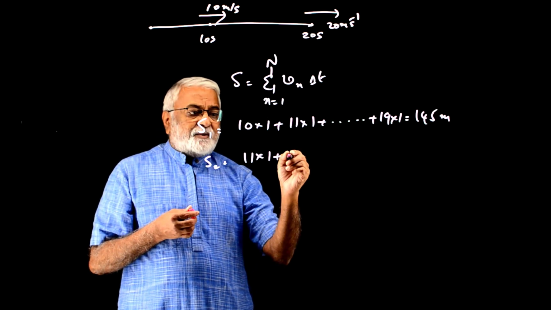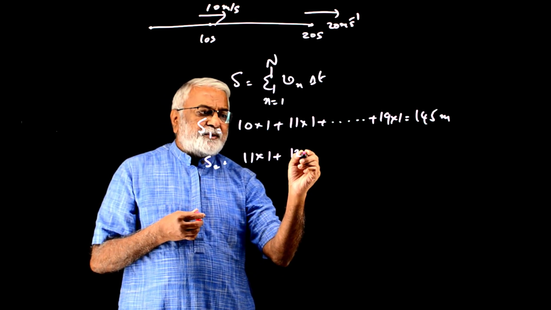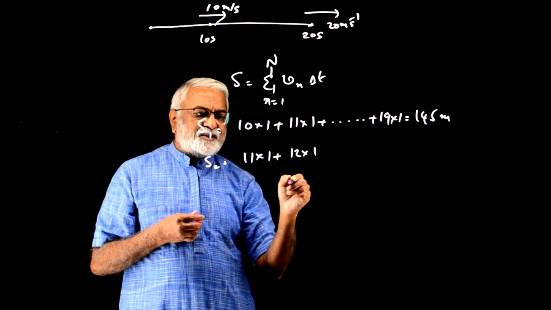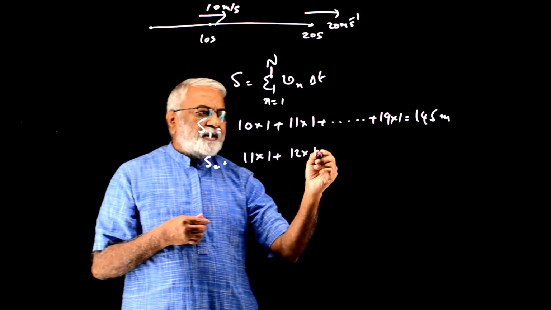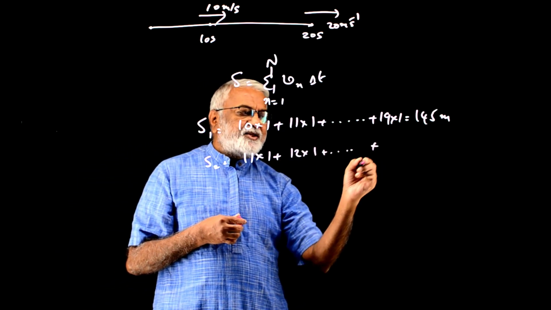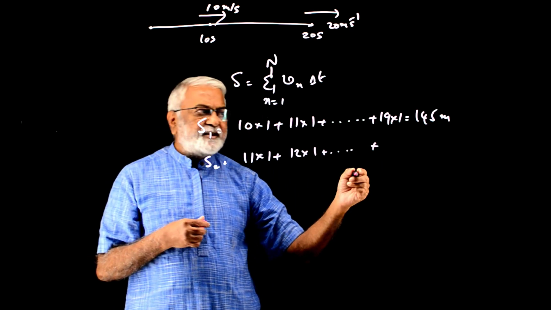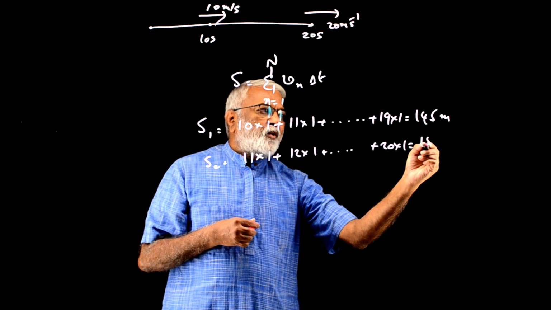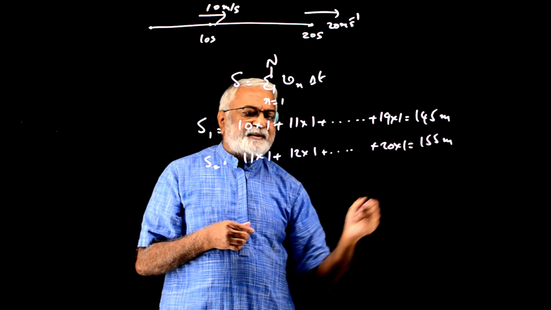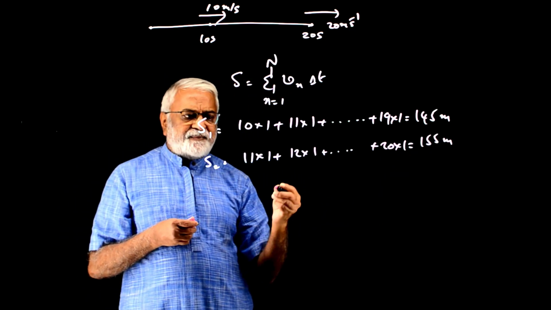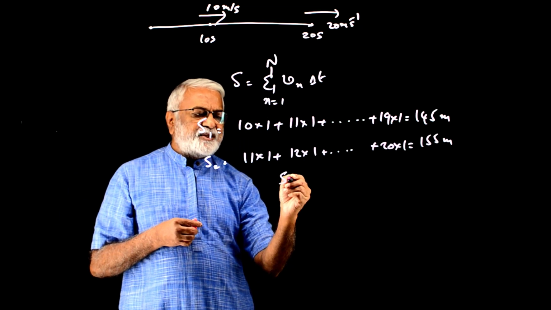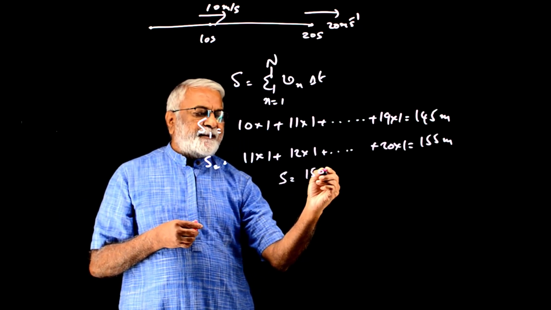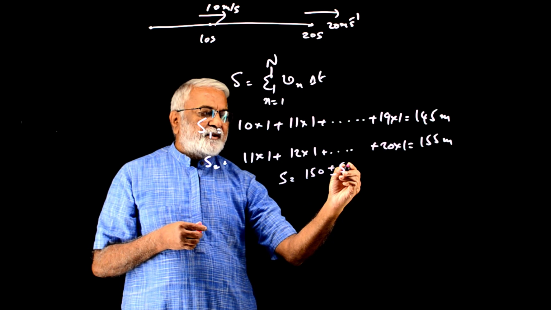Then for the second, it increased from 11 to 12, we take it as 12, and so on and so forth. The last interval, it will increase from 19 to 20, we'll take it as 20 meter per second, and this will give you 155 meter. We could say the displacement is 150 plus or minus 5 meter.